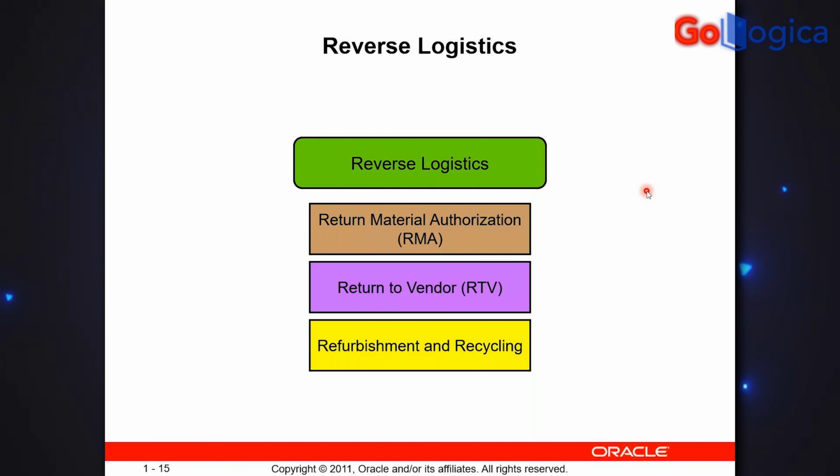And return to vendor is, as the name suggests, if you're returning something to the vendor from where it has come, that is RTV, return to vendor. I hope these are very basic things, not specific to WMS, I would say.